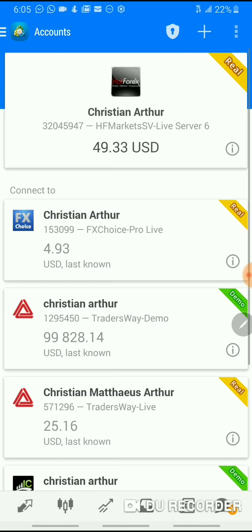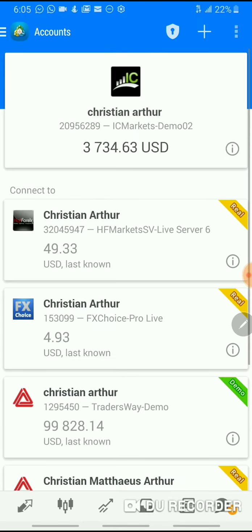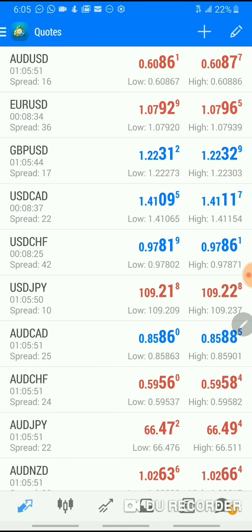Let's move to IC Markets and let's check the spread. On the Euro USD on IC Markets, where everybody loves, it is 36. Now this broker doesn't charge you a commission to enter the trade.